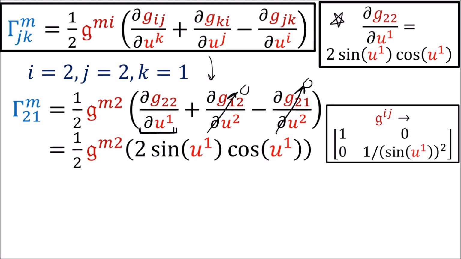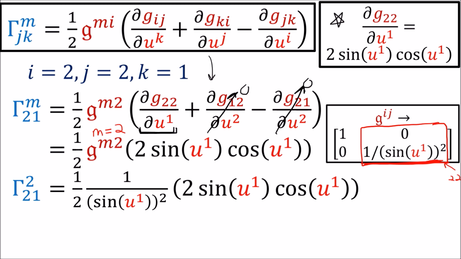And looking at the inverse metric tensor here, in the second column, the only non-zero element is the 2, 2 element at the bottom. So this tells us that m equals 2 is the only m that we care about, because the g12 component just goes to 0. So we sub this term in for the g22 term of the inverse metric components. So this is the formula for the Christoffel symbol 2, 2, 1.